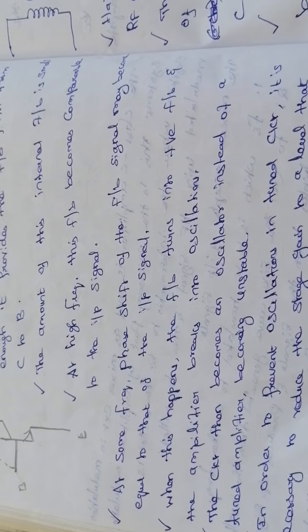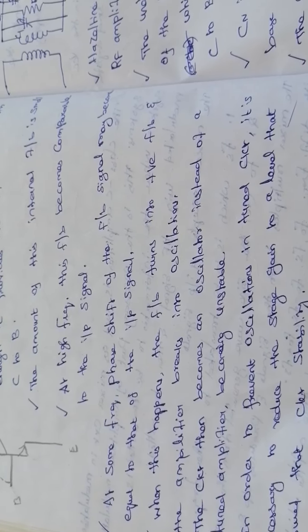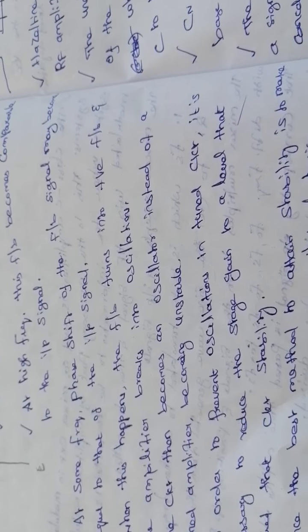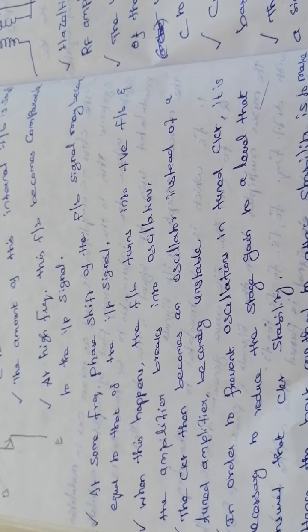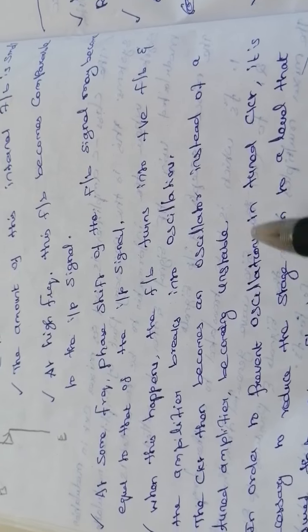At some frequency the feedback signal may become equal in phase to the input signal, the feedback goes positive, the tuned circuit breaks into oscillations, becomes an oscillator circuit, and is unstable.